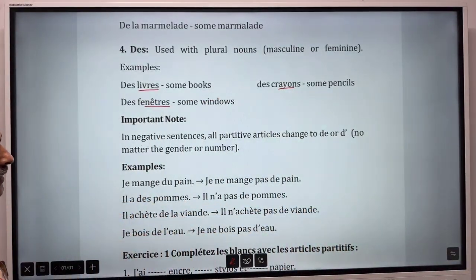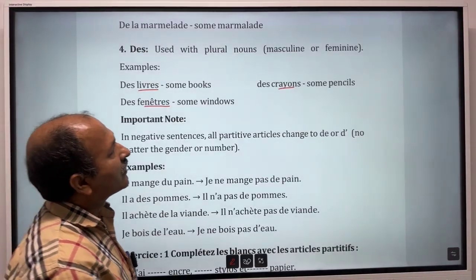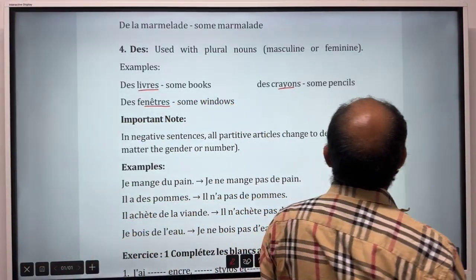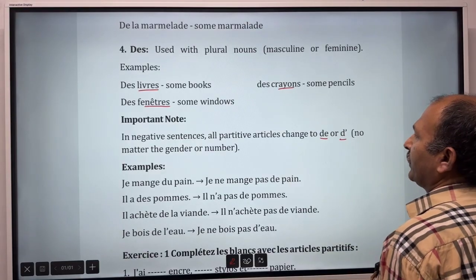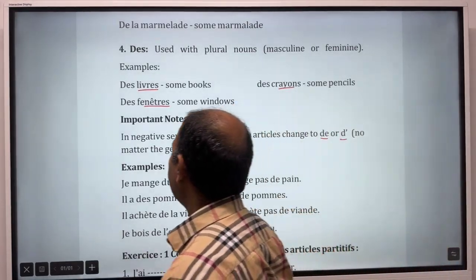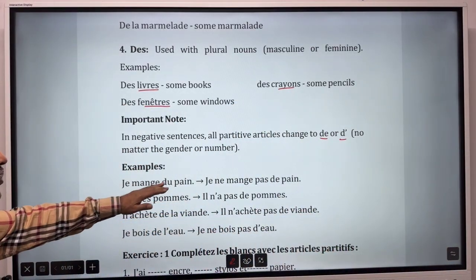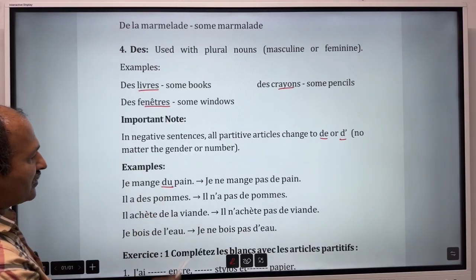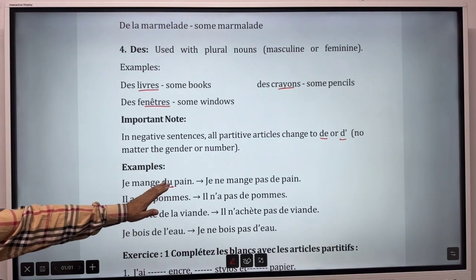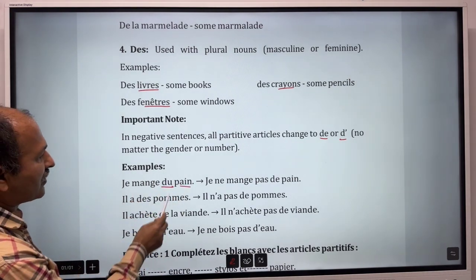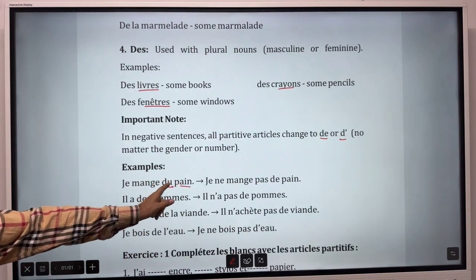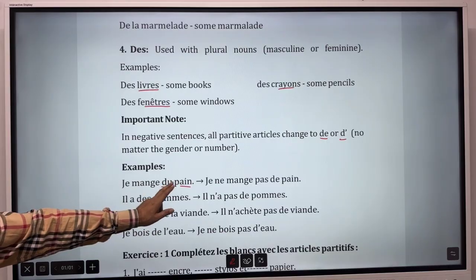Now in negation, as I told you, du, de l' or de la will become de, d'. Example, je mange du pain. This is masculine singular, but if we change it to negative, it does not matter whether it is masculine, feminine, singular or plural, it will become de.